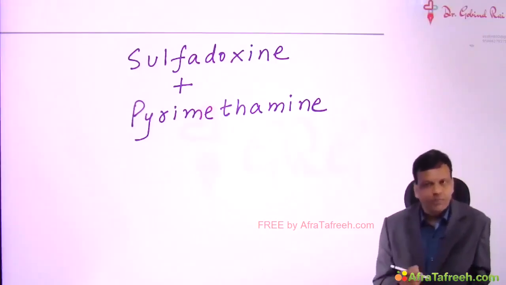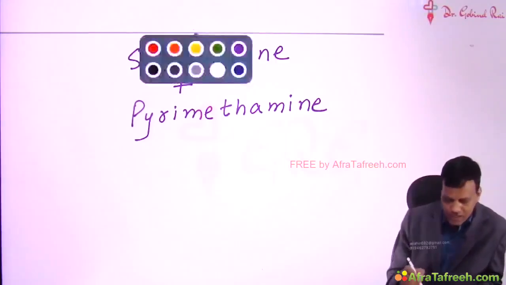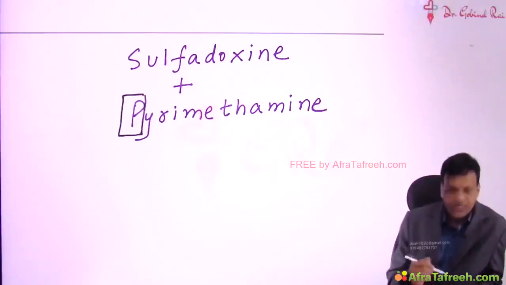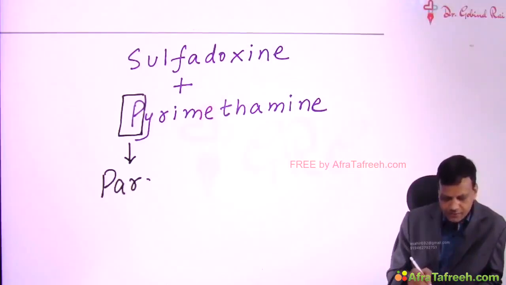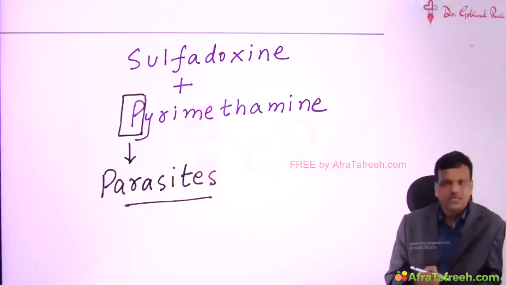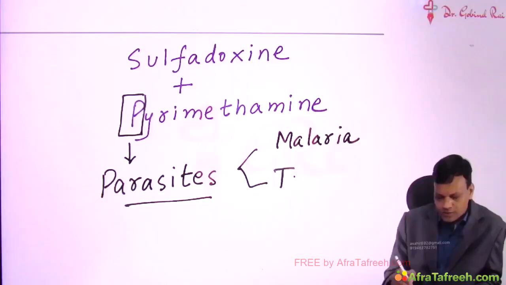This is simply a combination of sulfadoxine with pyrimethamine, and you can remember easily it contains pyrimethamine which starts with P. So this combination is mainly used for parasites. In particular, it is used for malaria and toxoplasma.